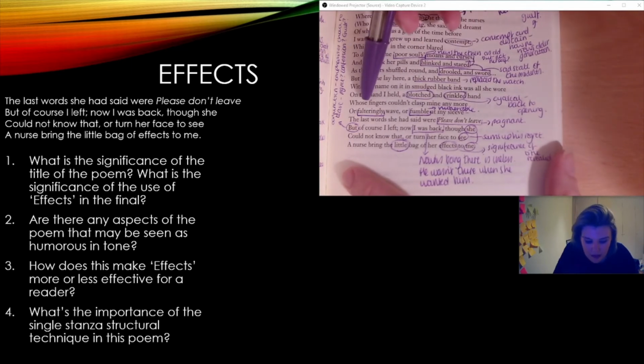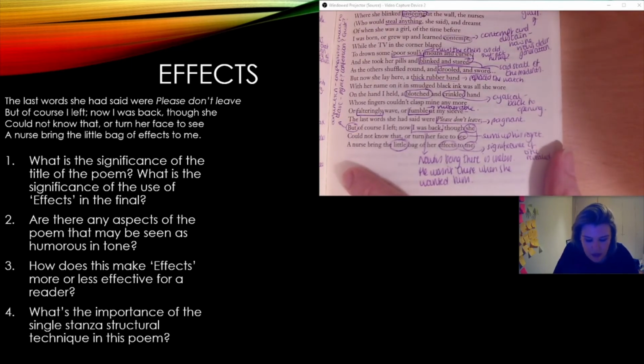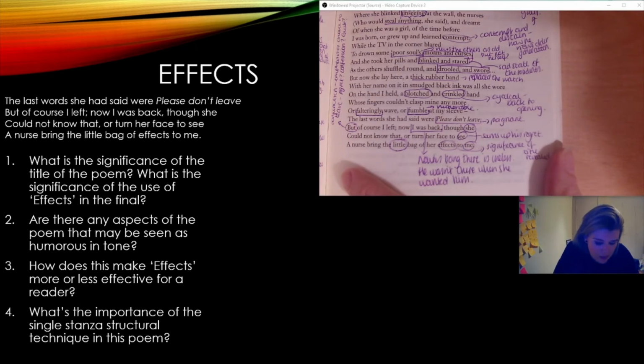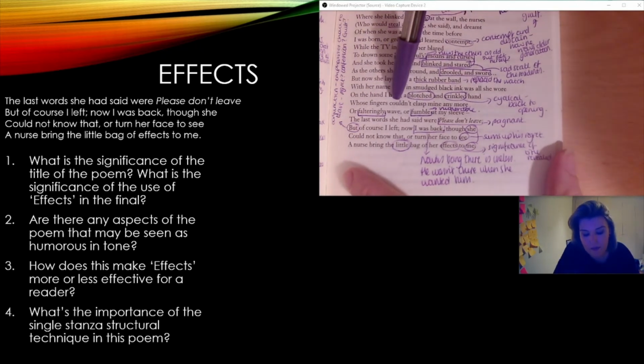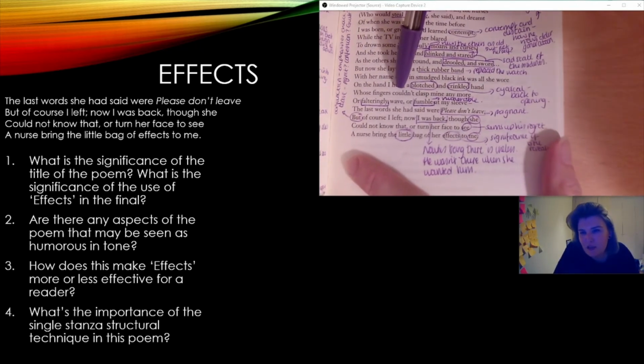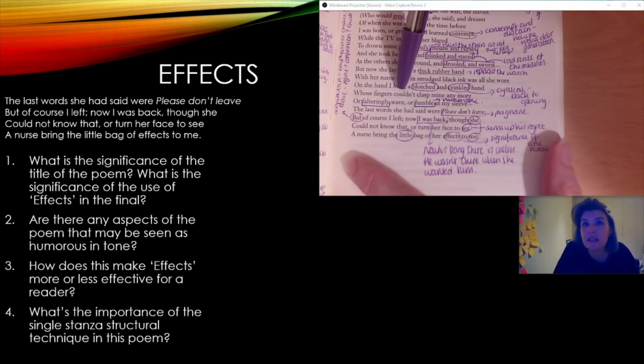So there's hints here. There's almost a reluctance to actually say that his mother has died, and he's obviously returned to view her body and spend some time with her body, but you know that he's almost reluctant to actually say it explicitly that she's died. There's almost maybe a denial to it.